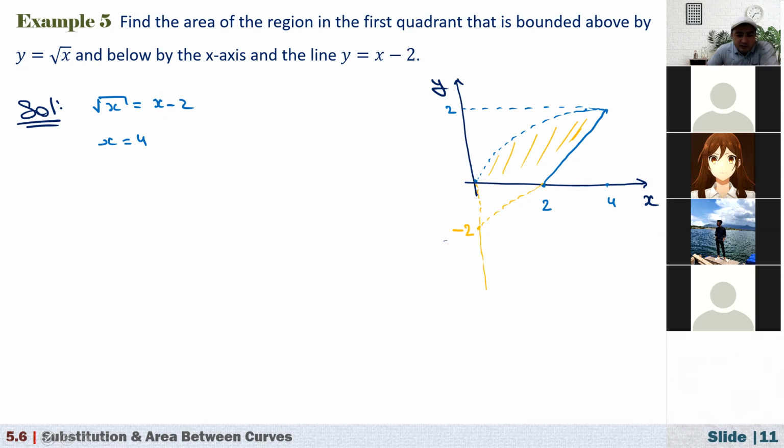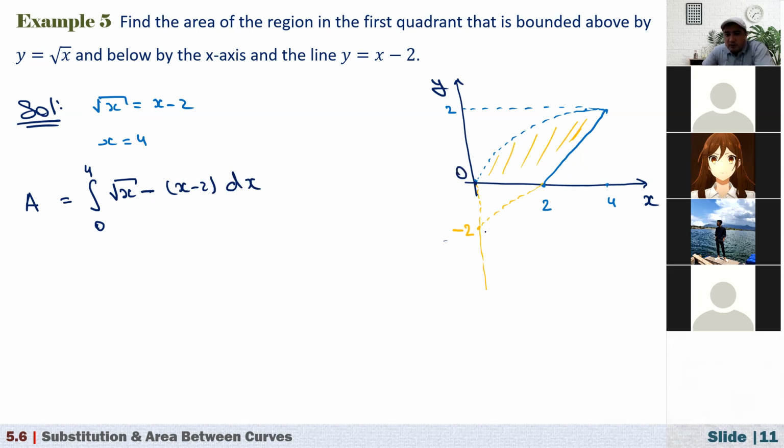Because if you evaluate this, what is the area of the shaded region? That's equal to the integral from 0 to 4 of square root of x minus, the second function, x minus 2, dx. So it gives us the whole figure, right? Let me write here the names.